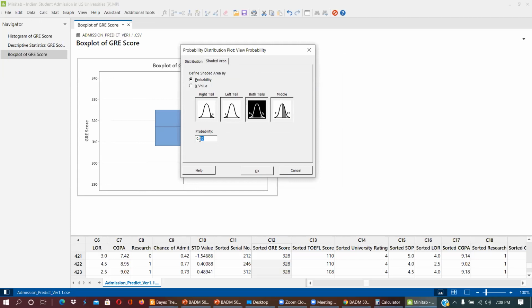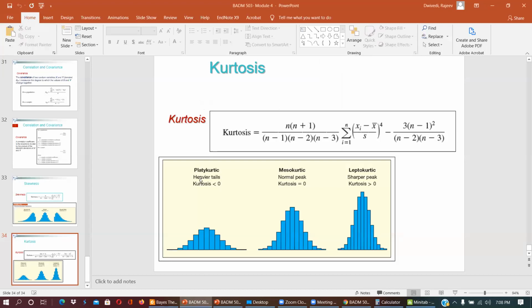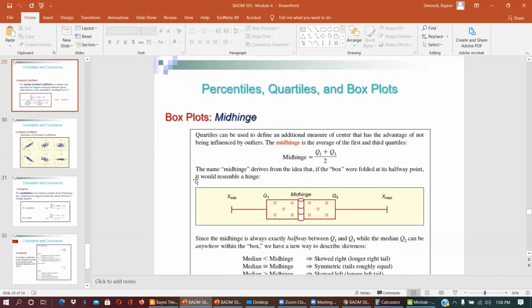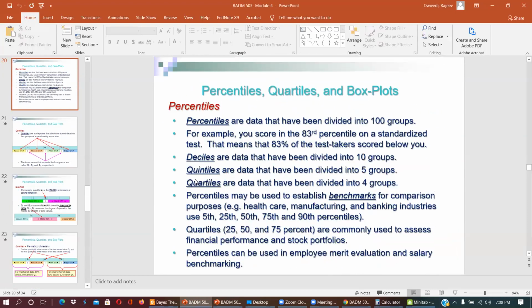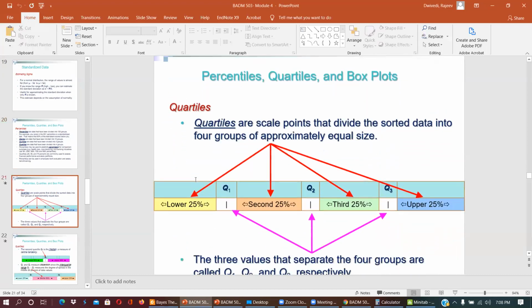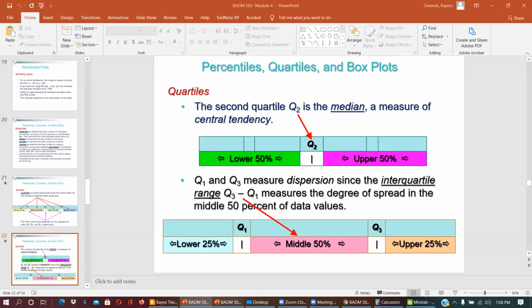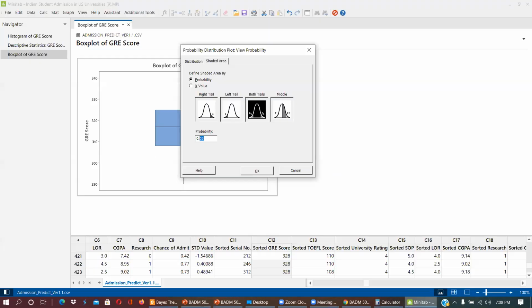So now I would like to see what is the value of 68%.